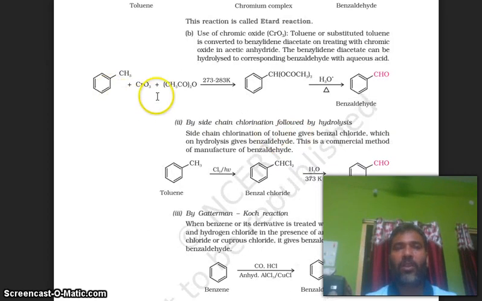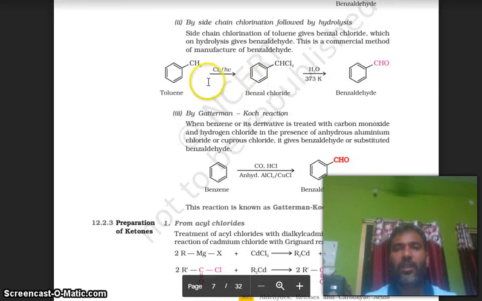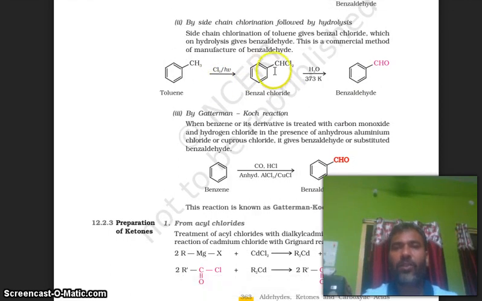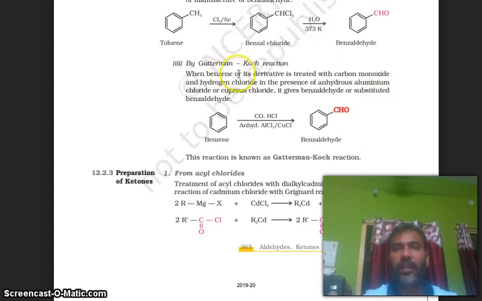Side chain chlorination: if you have this chlorination, there is benzal chloride and then benzaldehyde. Gattermann-Koch reaction: this is benzene in the presence of carbon monoxide and HCl, anhydrous AlCl3 and copper chloride, it gives benzaldehyde. This is an important reaction, we call it the Gattermann-Koch reaction.